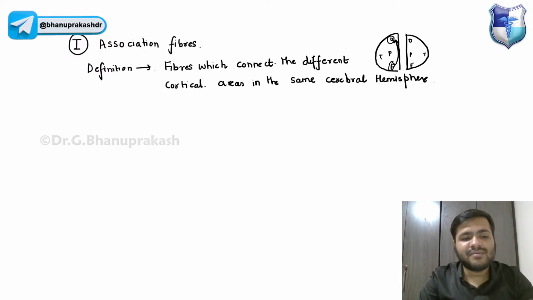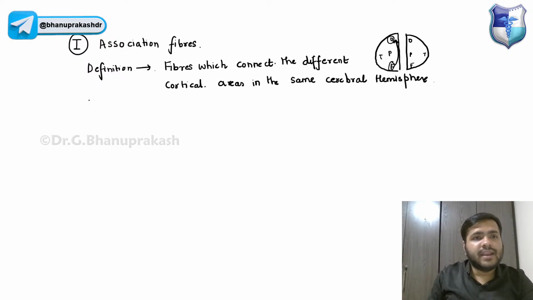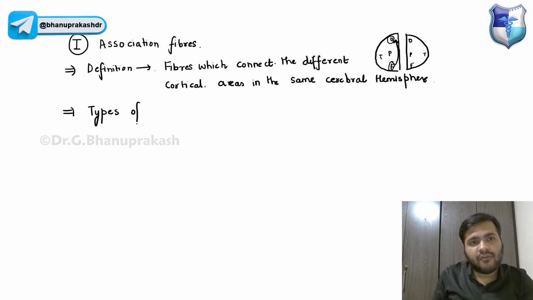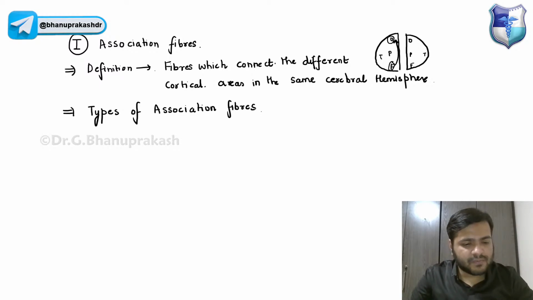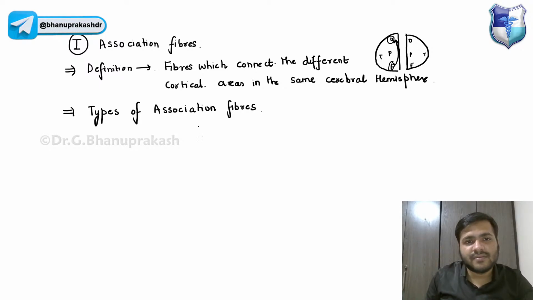now we have to discuss the types, guys. Let us just discuss the types first. Now, types of association fibers, and I will be drawing a diagram, but let us first mention the classification over here, the types of the association fibers.